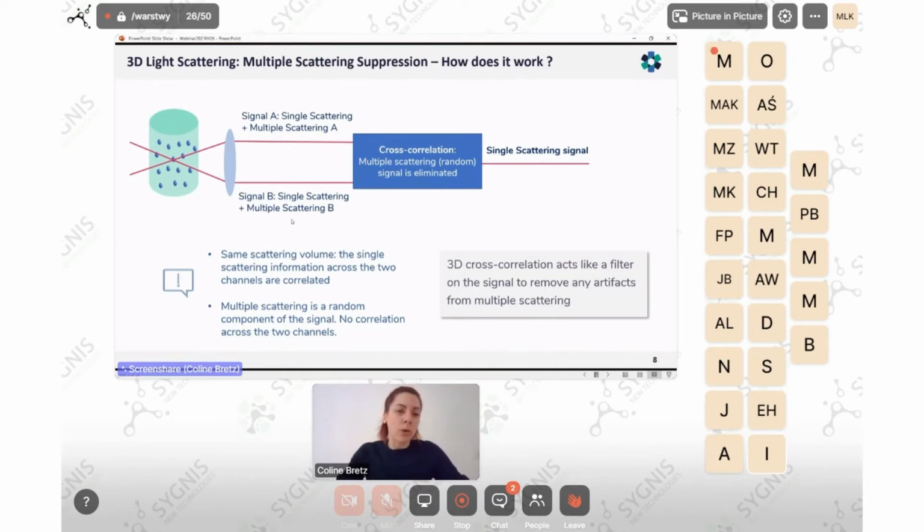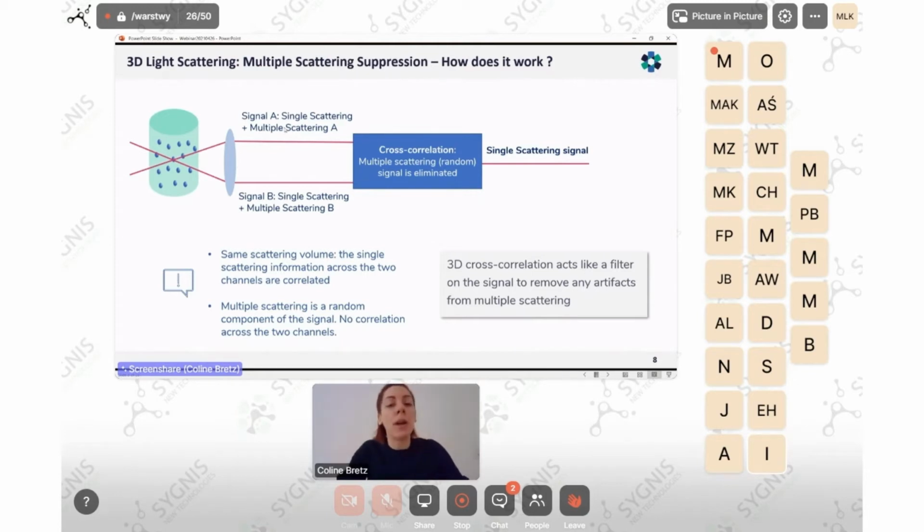What's important to know is that since you're making the beams cross, you're defining the same sample volume in each channel. And the single scattering information is going to be the same across both channels, while the multiple light scattering information is going to be a random component of the signal.